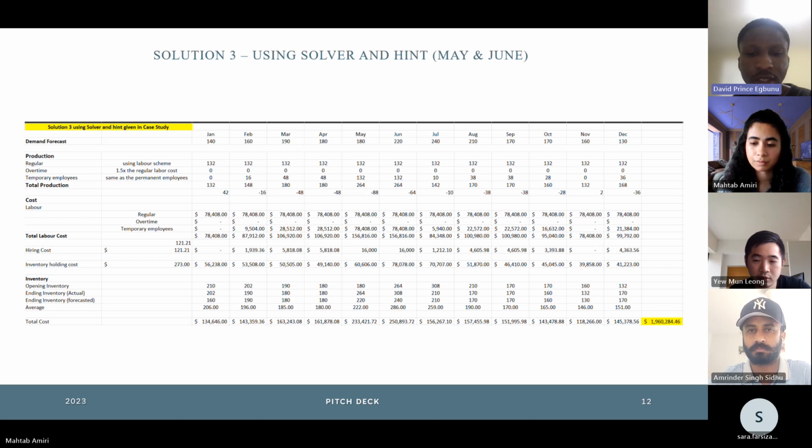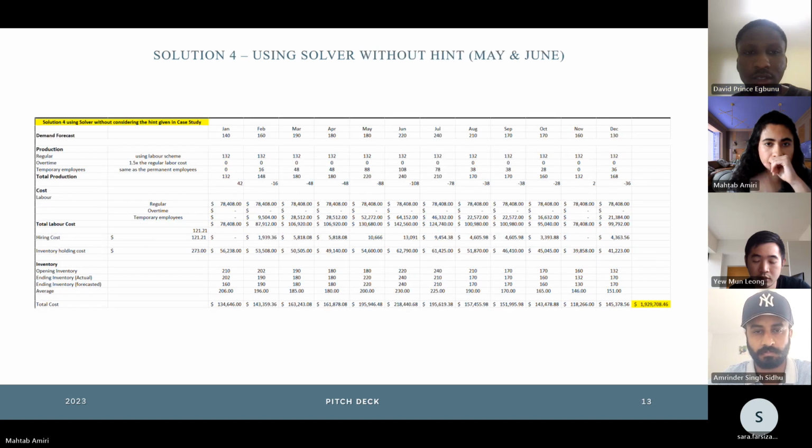We considered using the months of May and June, supplemented by overtime in several months, to calculate the answer, and we eventually came to a total cost of $1,960,284.46. And my mate is going to take on from here to explain the next solution.